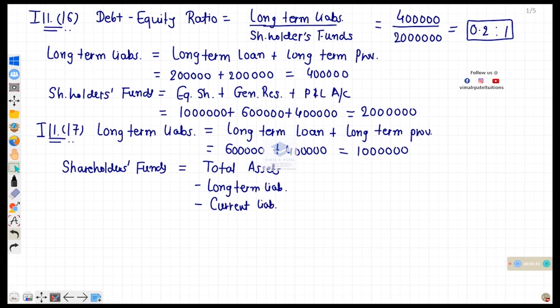So depending upon the information given in the sum you can find out the required figure. So total assets 25 lakhs, long term liabilities 10 lakhs and current liability 5 lakhs. So shareholders fund will be 10 lakh.